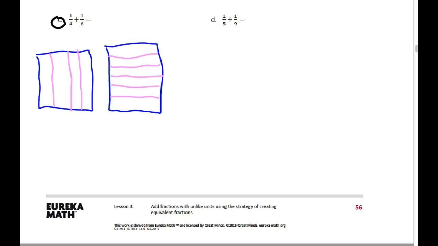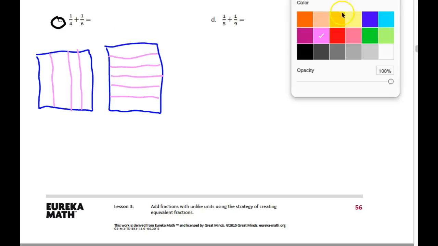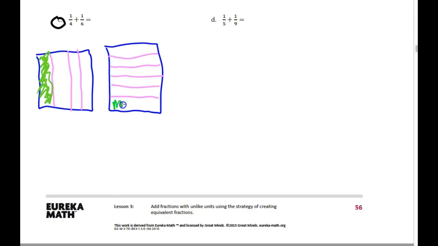So we're going to color in just one of them in both cases. So we'll go green because it stands out nice. So here's 1/4. Here's 1/6. Now in order to combine them, we have to make them the same size.